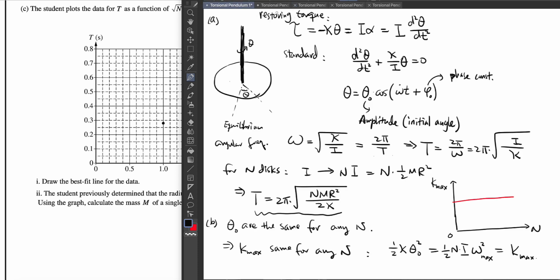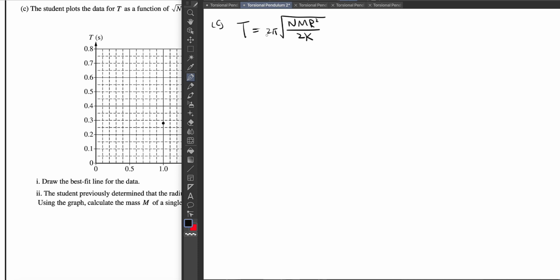Okay, so now since I need to plot T versus square root n, let me group all the coefficients together. So I'm going to get 2 pi square root of m r squared over 2 kappa. That is the coefficient or slope times square root n. Let me say k times square root n.